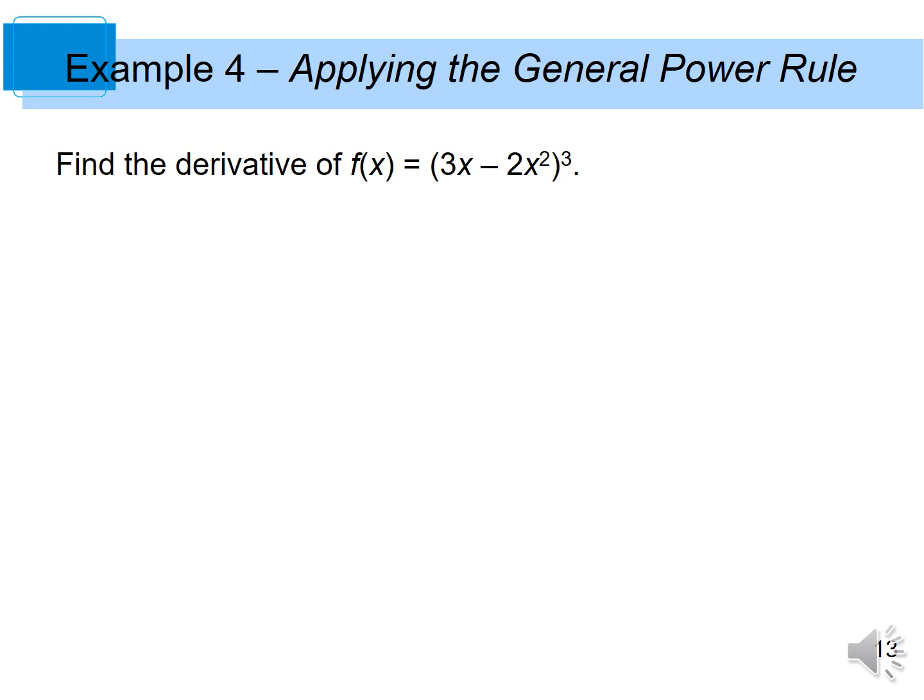I can let the inner function g(x) equal to 3x minus 2x squared, and my outer function f(x) equal to x cubed. So my f(g(x)) is equal to (3x minus 2x squared) power cubed.